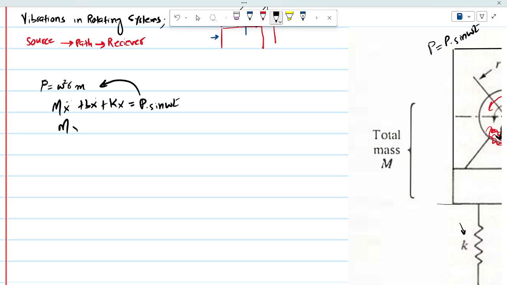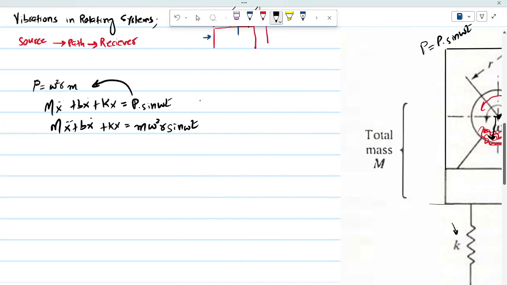So you can rewrite it as m x double dot plus b x dot plus k x equals m omega square r sine omega t, where r is the distance between the center of mass and the center of rotation.